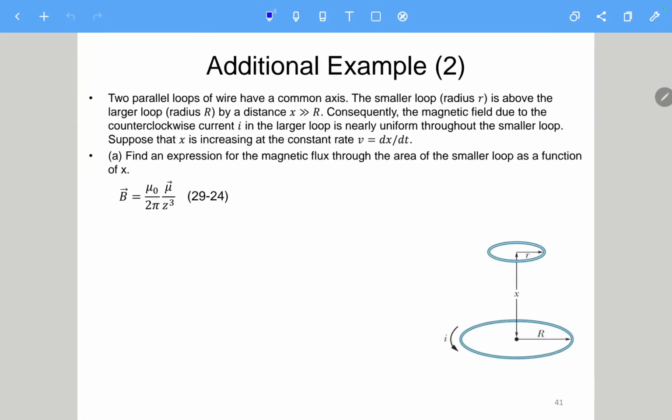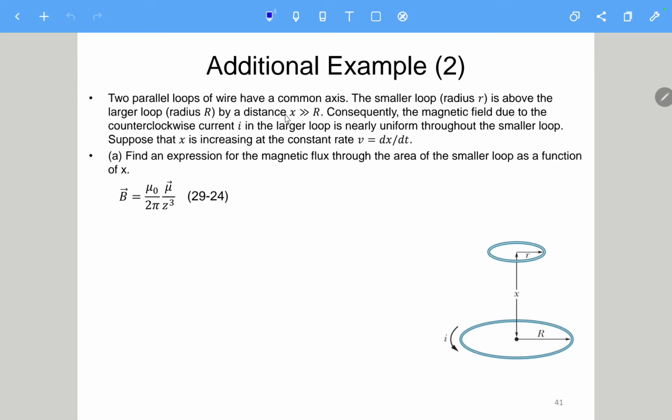Okay, so before we end, we have the final additional example. Here it says the two parallel loops of wire have a common axis. Which means that if we have this center and we connect them, this axis is perpendicular to this loop and also this loop.